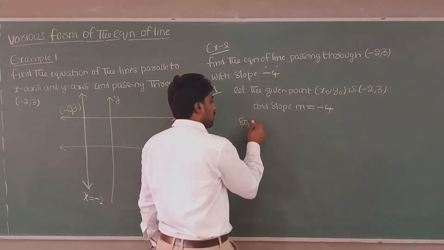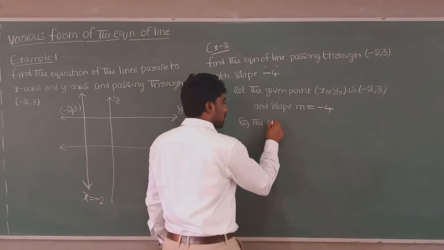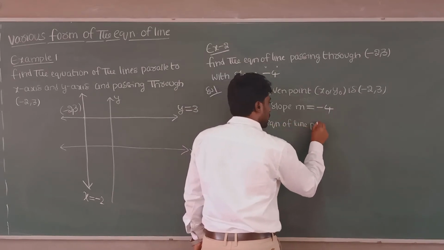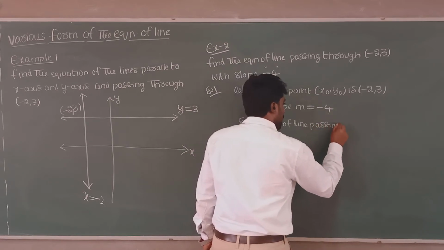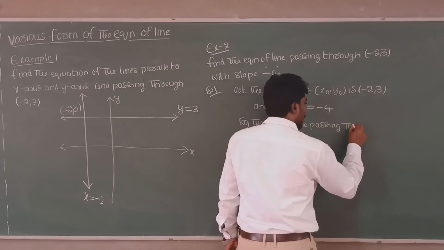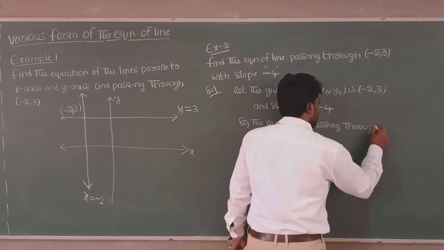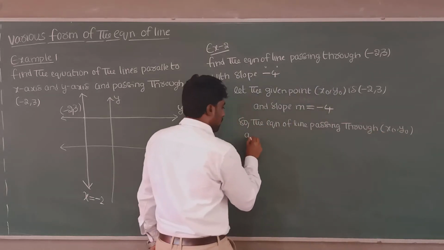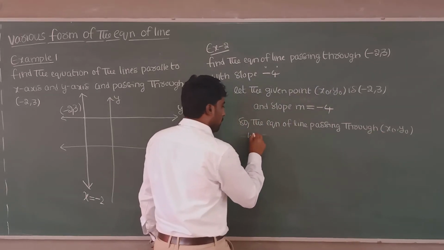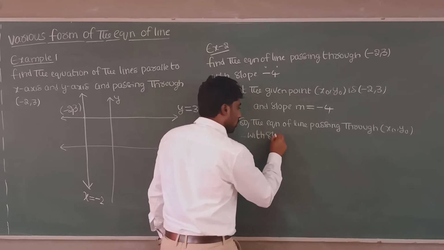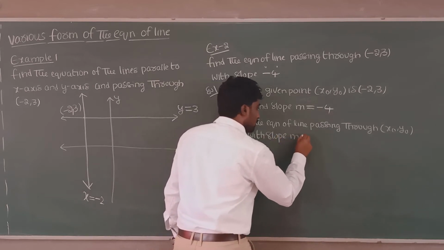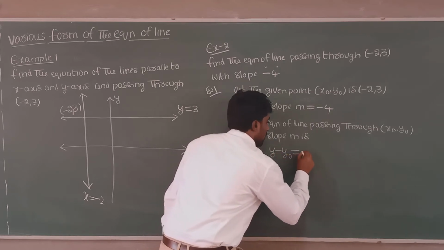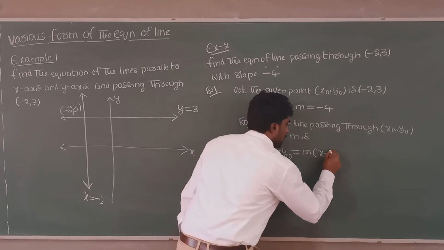So the equation of a line passing through x0 comma y0 with the slope m is y minus y0 equal to m into x minus x0.